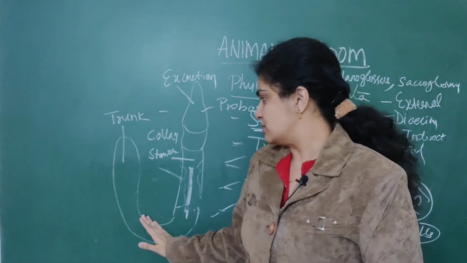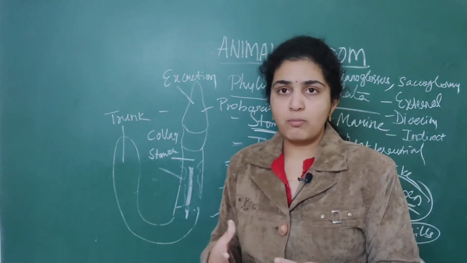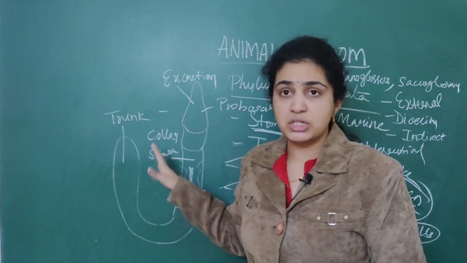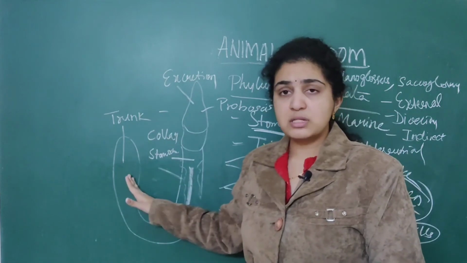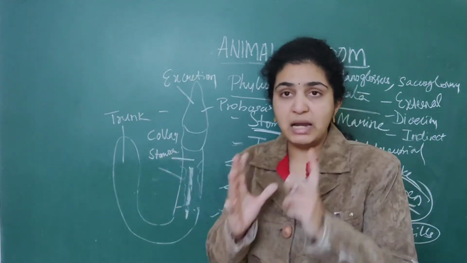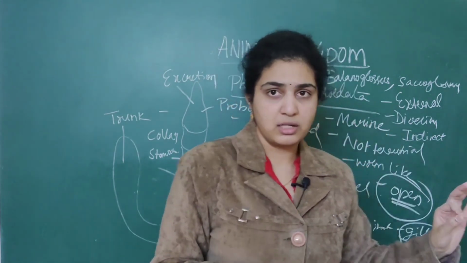Where is the stomochord present? Important NEET question. It is not present in the proboscis or trunk. It is present in the collar region, in the middle part.